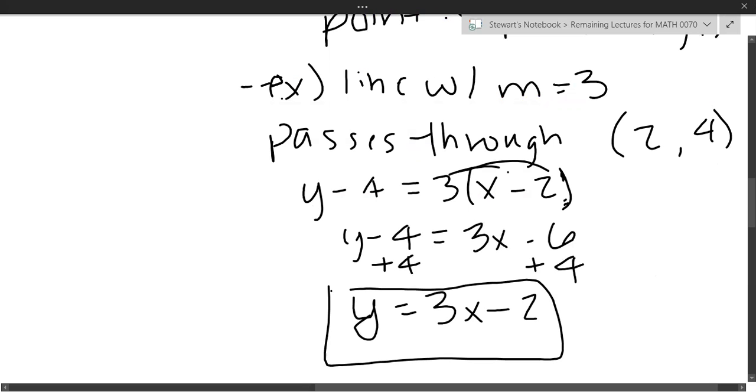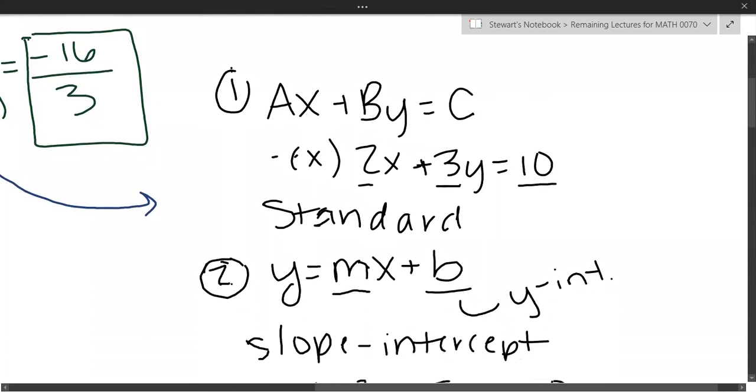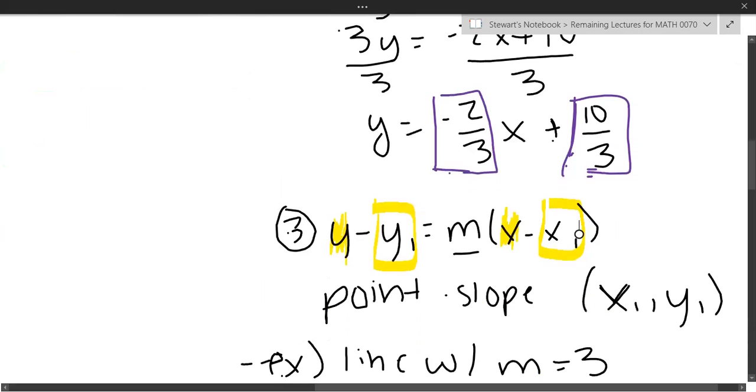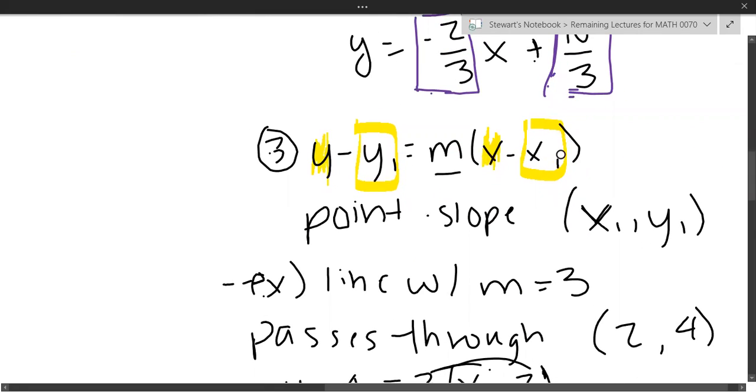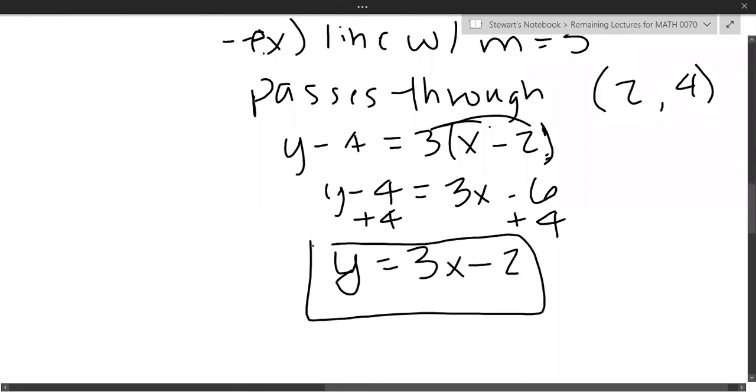So now we know a little bit about the 3 typical variations of these equations. You'll see standard form, slope-intercept form, which is probably the most common and most useful to you, and then point-slope form, which is a good way to get into slope-intercept form if you don't know the y-intercept, but you know the slope and a point.